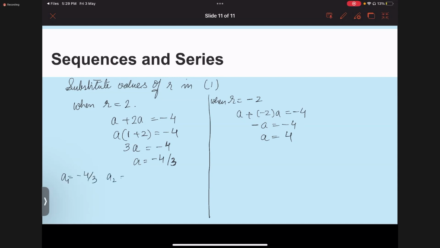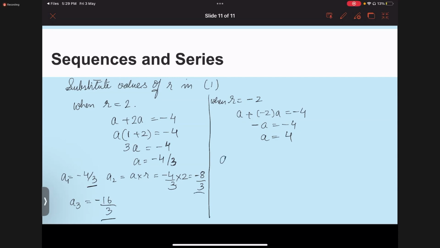Your A2 will be A into R. Okay, so our R is 2, so this is going to be minus 4 by 3 multiplied by 2, so this is minus 8 by 3, and similarly your third will be minus 8 by 3 multiplied by 2, so this is minus 16 by 3. Okay, so these are the terms of the GP when your R is equal to 2.